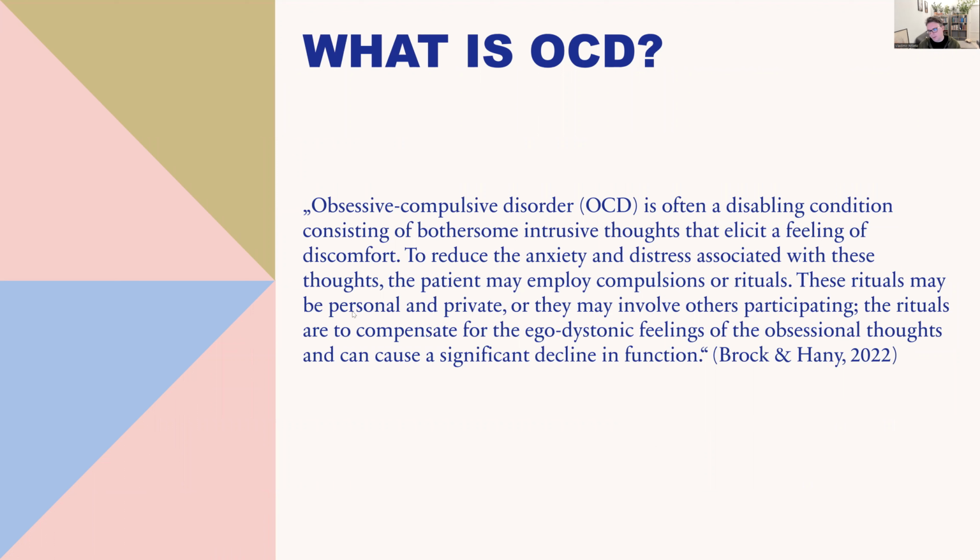The rituals, as this definition says, are really there to compensate for the ego-dystonic feelings of the obsessional thoughts. Ego-dystonic just means that they don't feel like they're yours. When something is ego-syntonic, it feels natural to you. When something is ego-dystonic, it feels like it's external to you, coming from somewhere else, not a part of you, right?